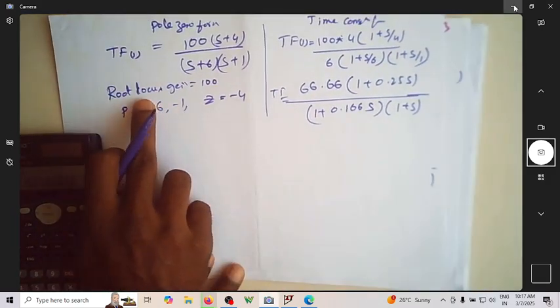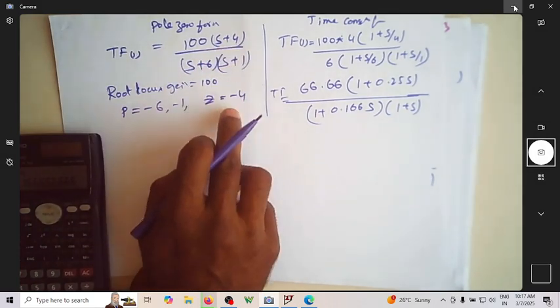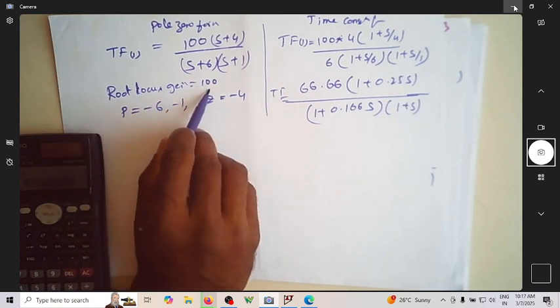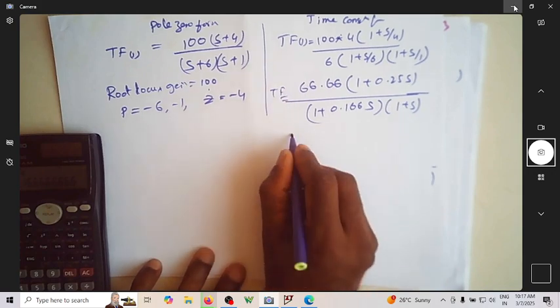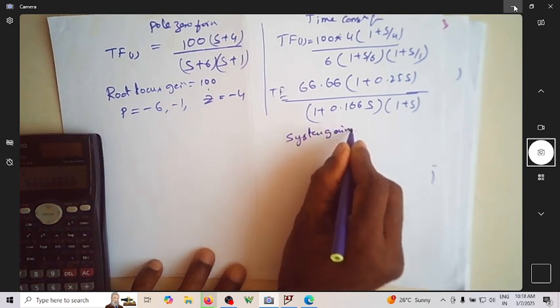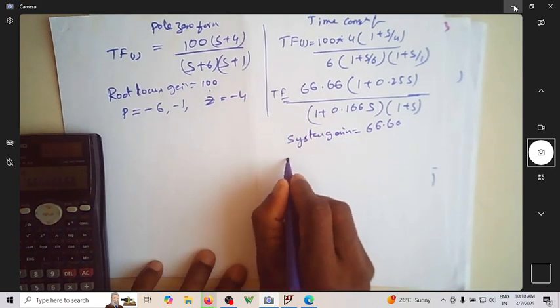So what were the pole zero positions? It was at -1, -6 and -4. These are the poles and zeros. Now what was the root locus gain? It was 100. So what is the system gain now? System gain is 66.66. Where are the poles and zeros?